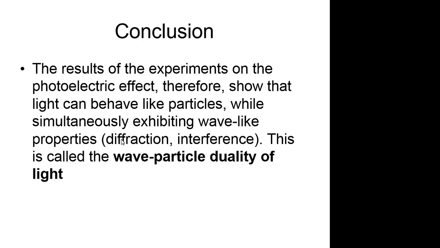With quantum theory, we have shown that light has particle-like properties. But does it mean that it only has particle-like properties? The answer is no. Light actually has a wave-particle duality.